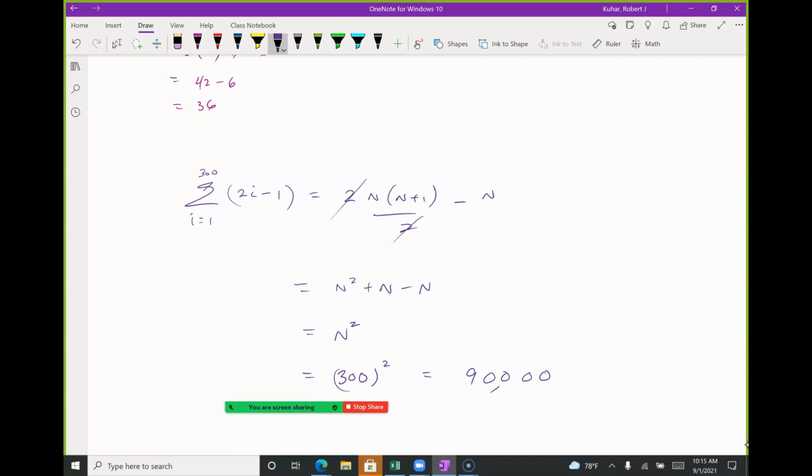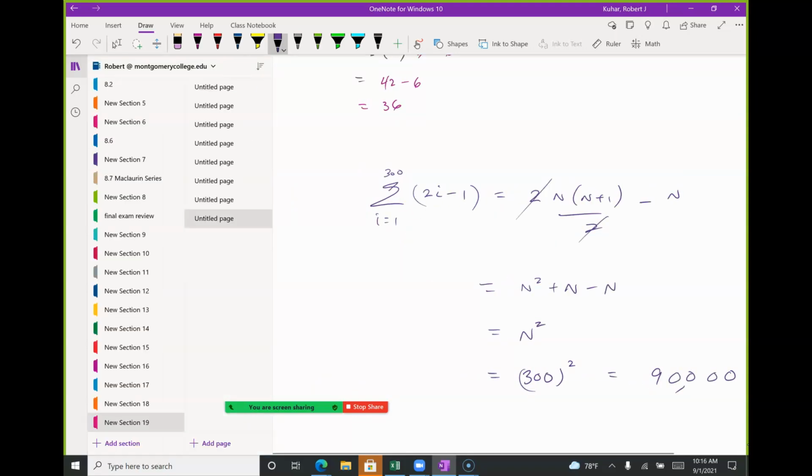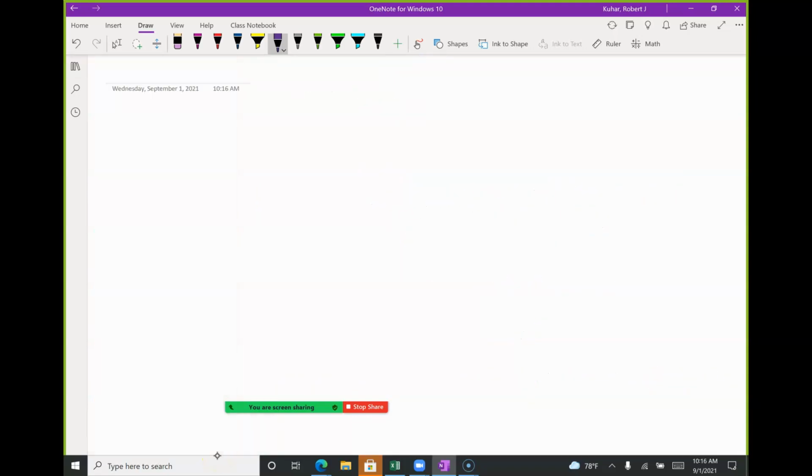So we have special sums, 4 of them, the special series that we want to memorize. Let me put them all on one page. So here again are our special series. The sum of any constant from i equals 1 to n is n times that constant. So the sum of 5 a bunch of times would be 5 times n.